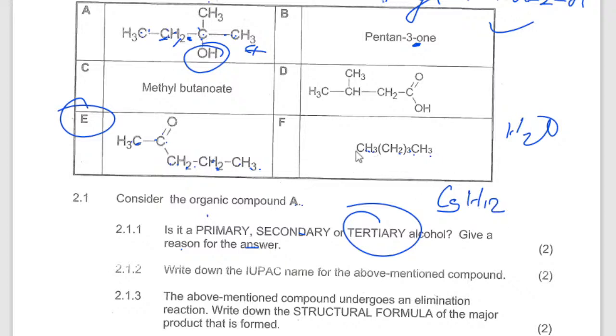Hydrogen is 12. Carbon is 2 plus 3, which is 5. So it means the same thing.